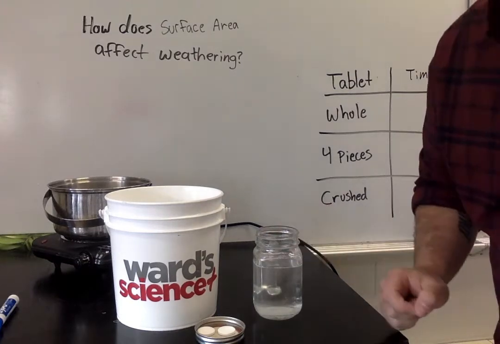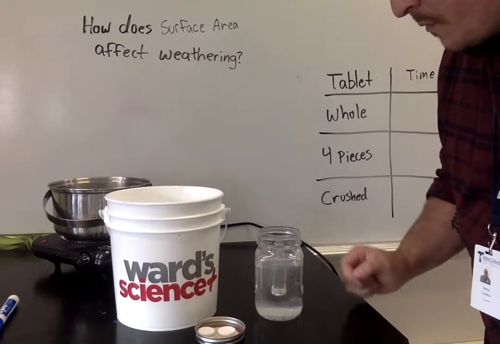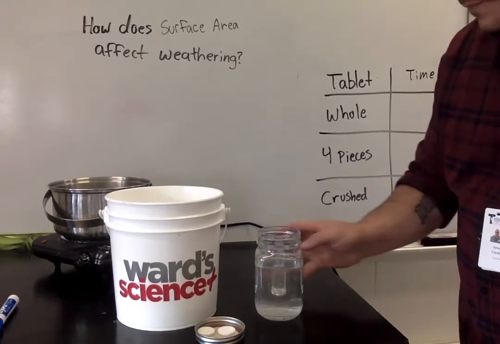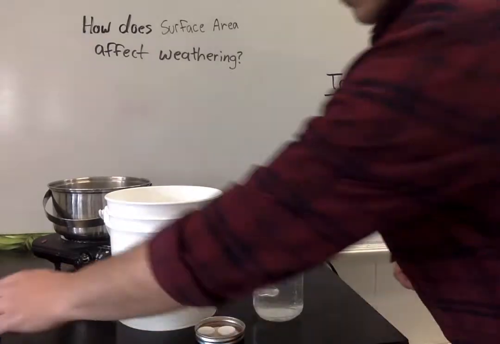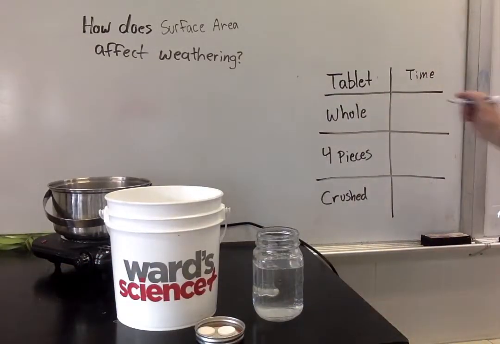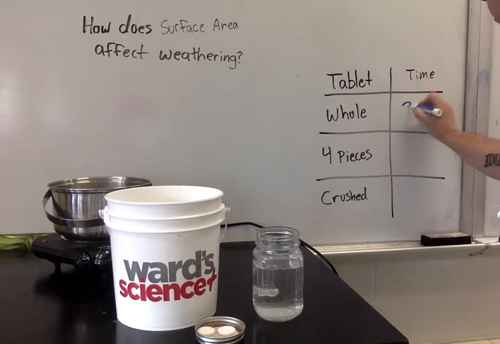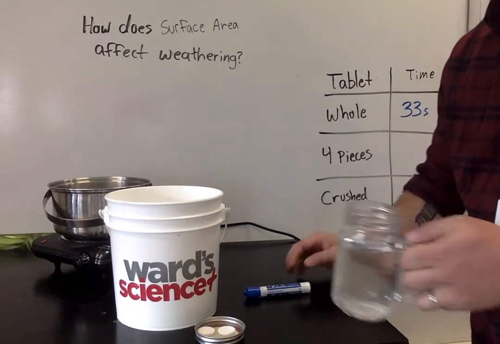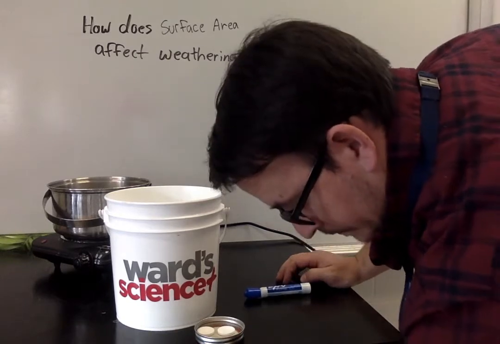All right, still got a little bit of bubbling going on. And I'm going to go ahead and stop it right there. All right, so 33 seconds for a whole tablet.